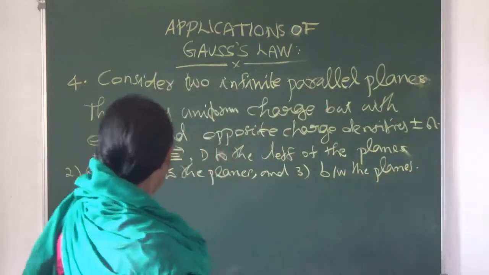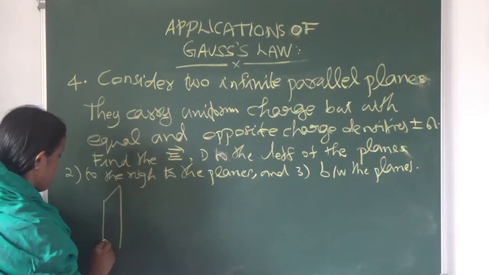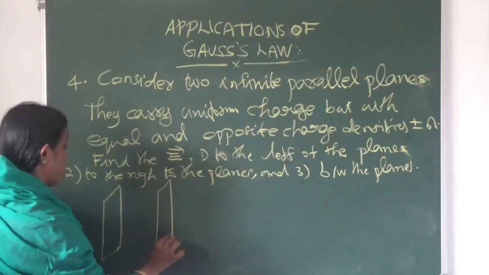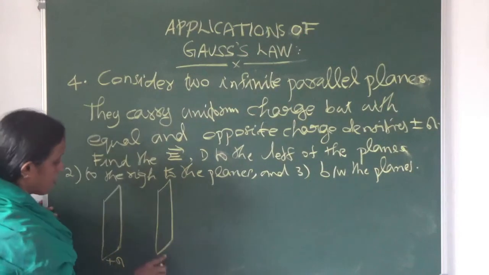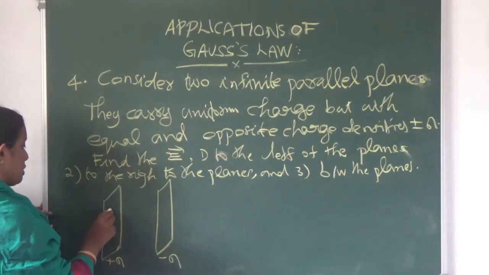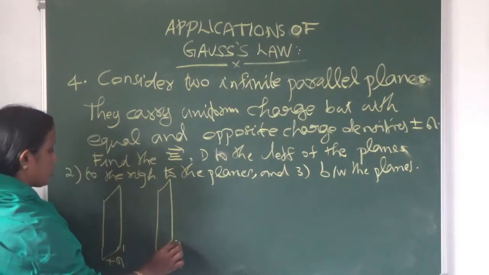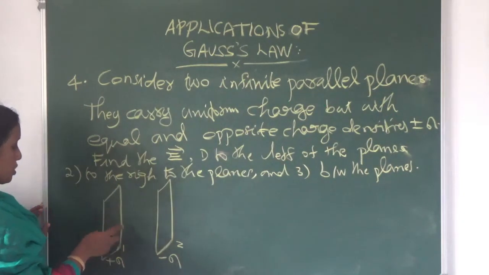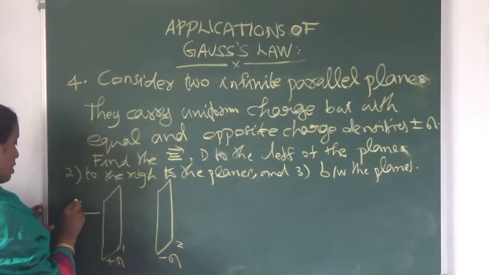Now, suppose these are the plane sheets, infinite sheets. Okay, there are two sheets like this. This one has positive charge plus sigma and this one has minus sigma. So we already learned that the electric field, suppose this is sheet 1 and this is sheet 2. The electric field due to sheet 1 is along this direction, E1.